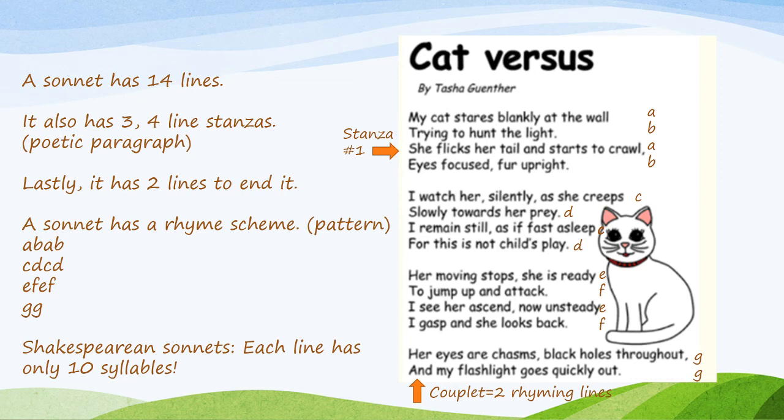Her moving stops, she is ready to jump up and attack. I see her ascend, now unsteady. I grasp and she looks back. Her eyes are chasms, black holes throughout, and my flashlight goes quickly out. And that is Cat Verses by Tasha Guenther.